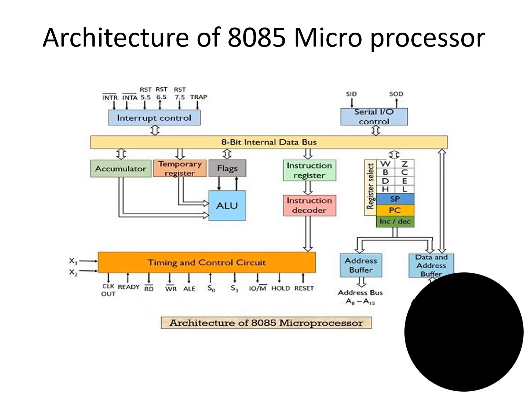W and Z are called the temporary registers, and these are the special function registers: stack pointer, program counter, and accumulator, or the temporary register. Now we have a special function register, which is the program counter. The function of the program counter is to store the address of the next instruction.